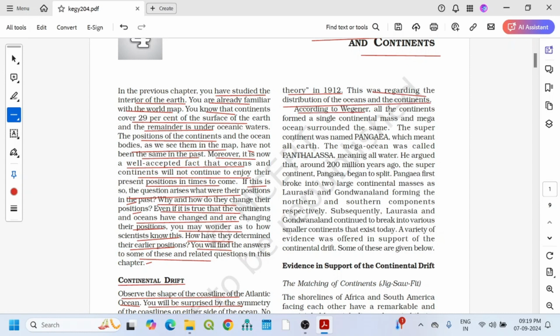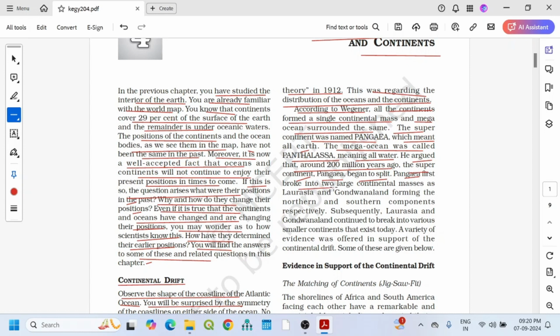According to Wegener, all the continents formed a single continental mass, and a mega ocean surrounded it. This supercontinent was named Pangaea, which meant all earth. The mega ocean was called Panthalassa, meaning all water. He argued that around 200 million years ago, the supercontinent Pangaea began to split.